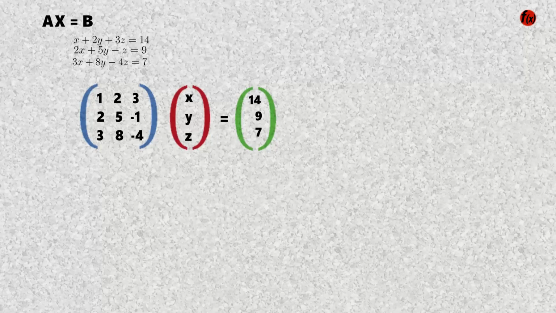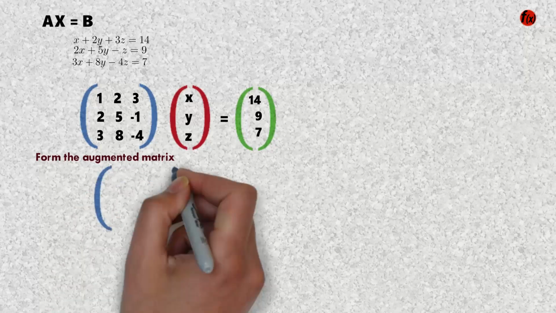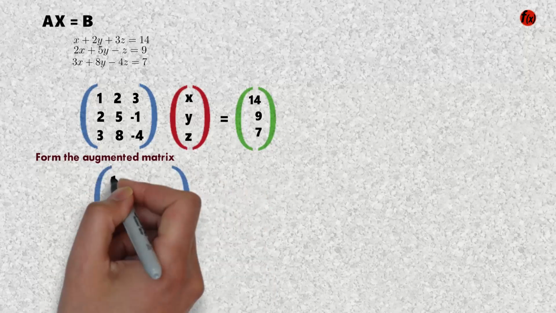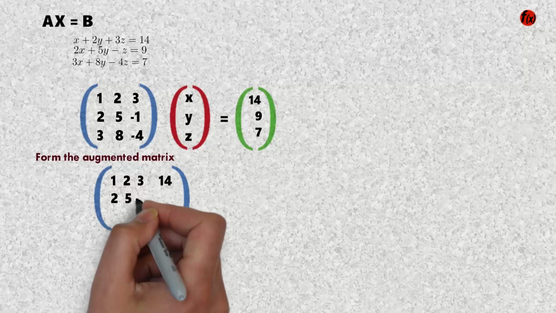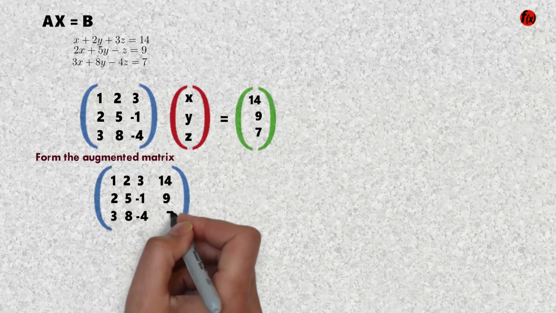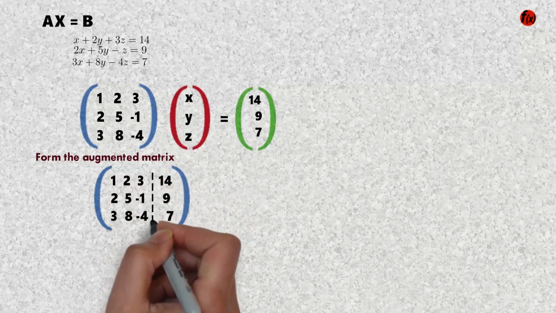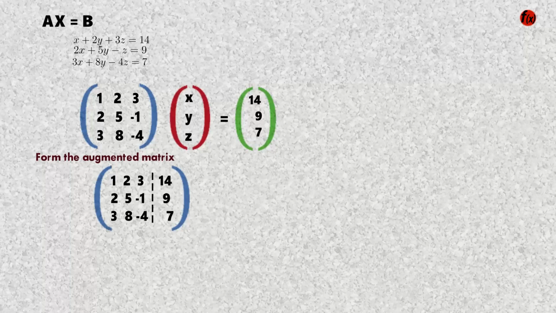Now, we can use the method of elimination or the inverse of the matrix to solve for x. Here, I'll use the elimination method. Step 1. Form the augmented matrix. Step 2.